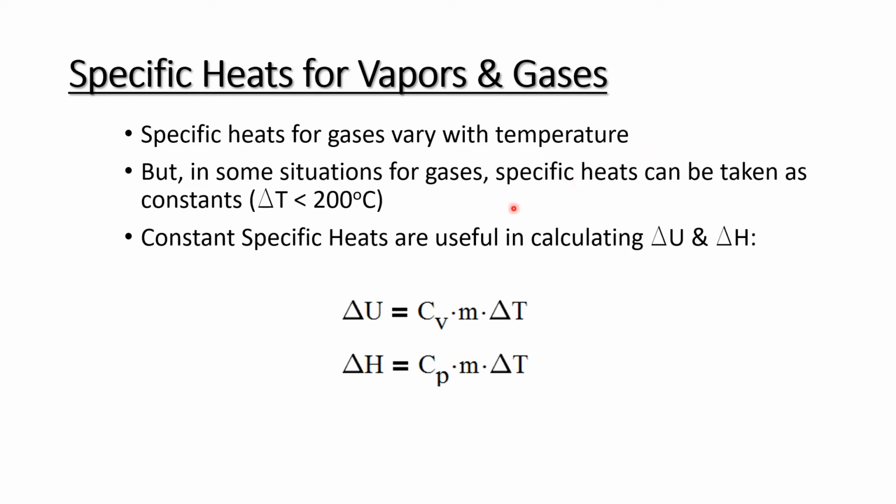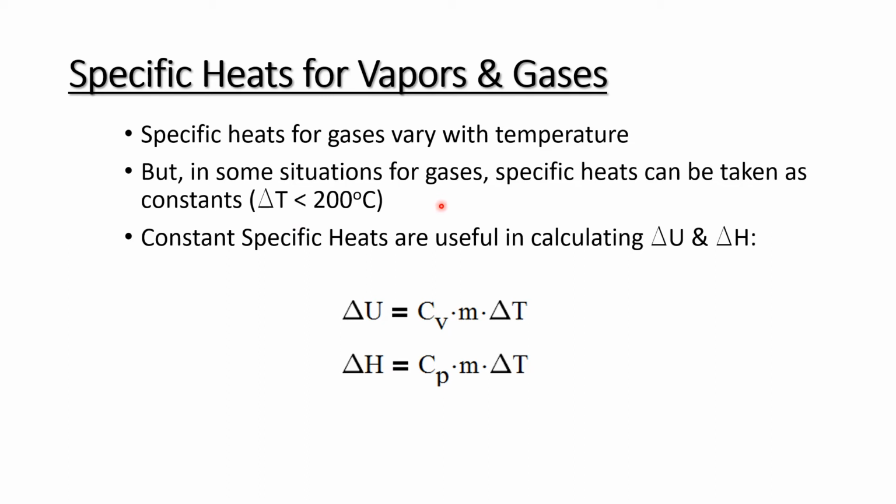But for many processes, we can assume that specific heats are constant, and we do that by maybe using an average value of the specific heat for the temperature range of the process. Certainly, if delta T is less than 200 degrees C, it's very easy to assume that the specific heats are constant. And for some gases, you can have a much larger temperature range than 200 C and still assume that it's constant.